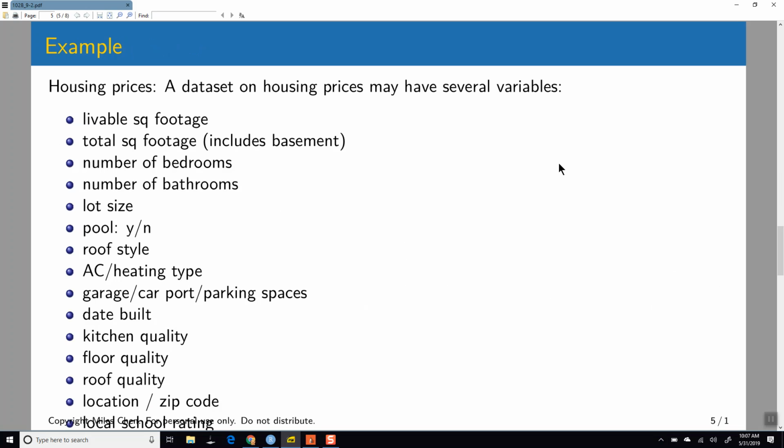You've got the number of bedrooms, number of bathrooms, lot size, if there's a pool, roof style, what kind of central AC, is it central heating or not, garage, carport, parking space, the date it was built, the quality of the kitchen, the quality of the floors, the roof quality. I guess I've listed so many. There's other things like the location and the zip code, the local school rating, the local crime rate, the local income level, stuff about the neighborhoods and things like that.